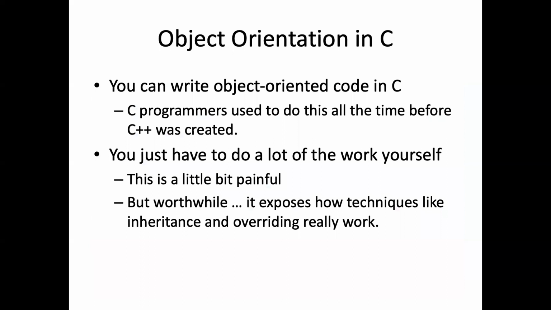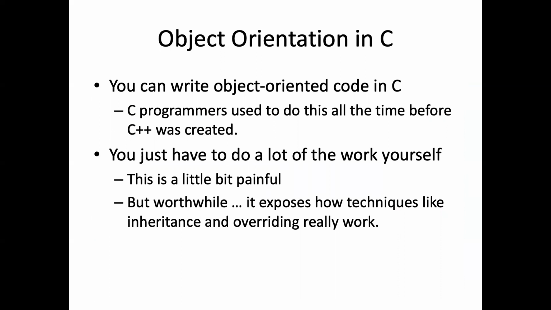All right, like I promised, we're going to do some object orientation in C. C wasn't made to be an object-oriented language, but even when people were doing a lot of programming in C, they appreciated the value of object orientation.